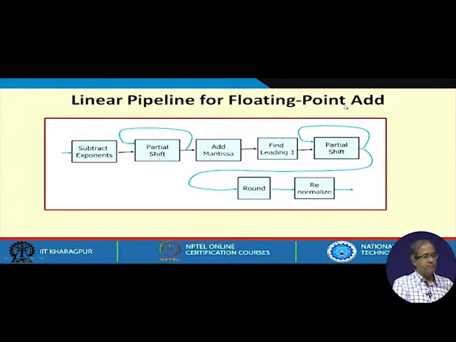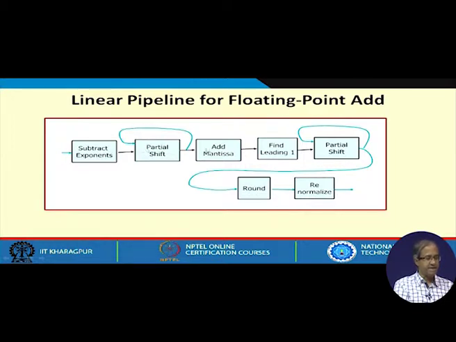And if you look at the floating point add, for floating point add you need a mantissa alignment initially. So, for mantissa alignment you have to shift the mantissa a certain number of times. So, this again can be an iterative step.